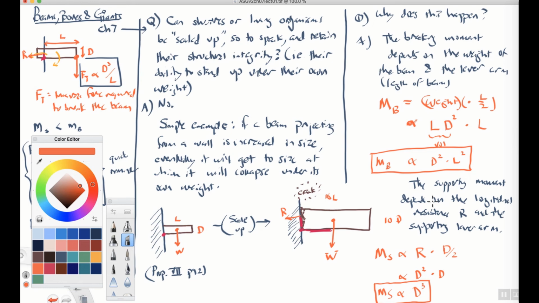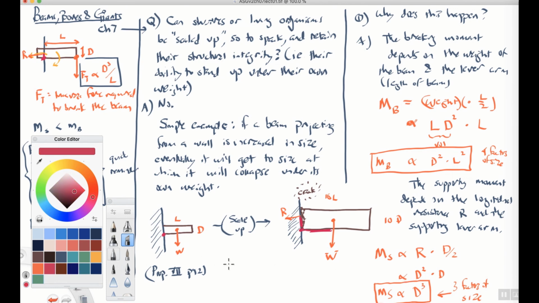Now, notice that as you increase the size of this object, let's suppose you double the diameter, double the length, and so on, you're keeping the ratio of diameter to length the same, just increasing them by some factor of 2 or 4 or 8 or 10. There are 4 factors of size in the braking moment, 2 diameter and 2 length, whereas we've only got 3 factors of size in the supporting moment. So the braking moment is going to increase more rapidly than the supporting moment as you increase the size.